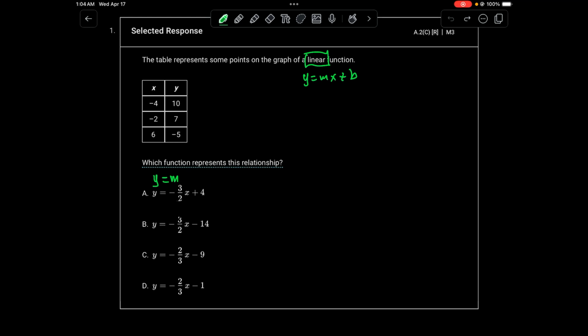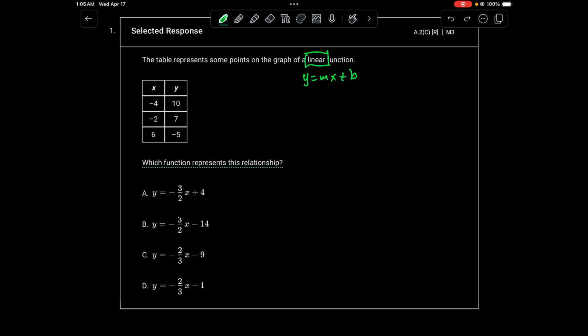And we are asked to figure out which function best represents this relation. There are several ways of doing that.